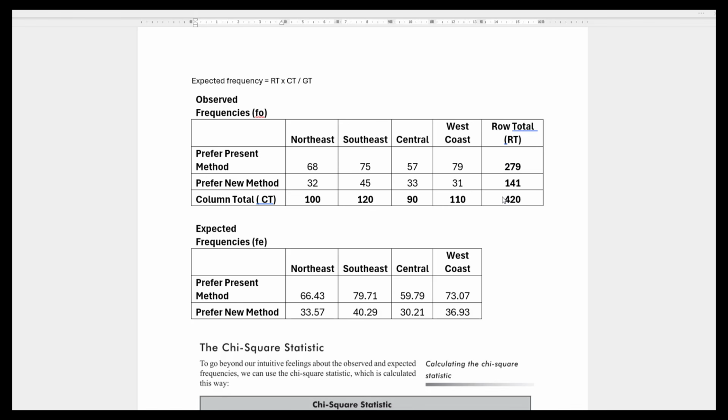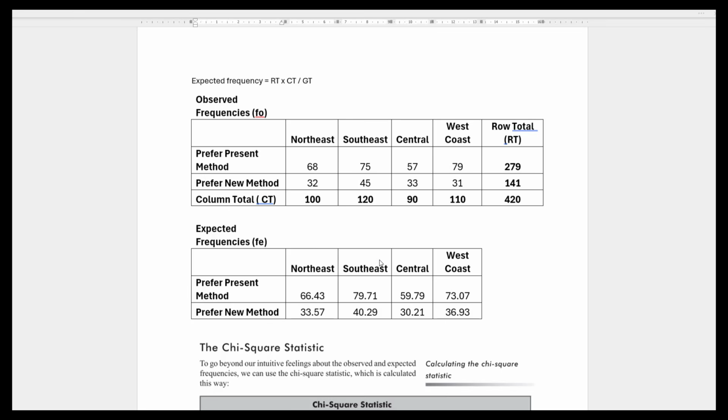When we use this formula, we can calculate FE for all the cells. For the 68 cell, FE is 279 into 100 divided by 420. For the 75 cell we use 279 into 120 divided by 420. For this cell we use 141 into 90 divided by 420. Like this we have calculated the expected frequencies.